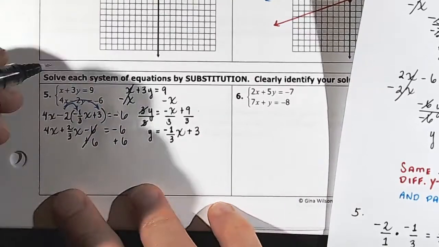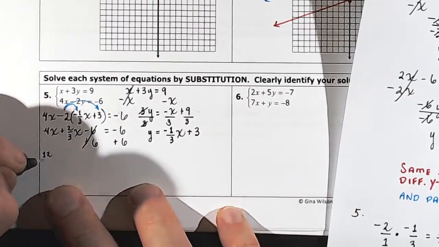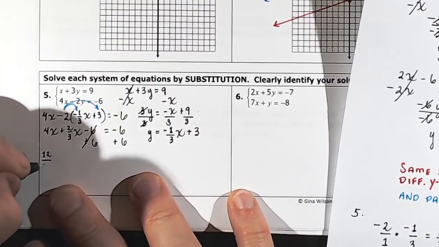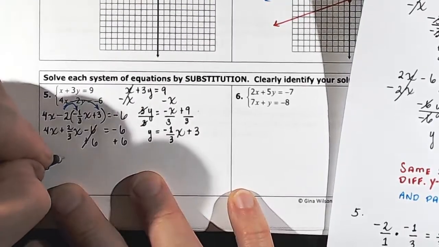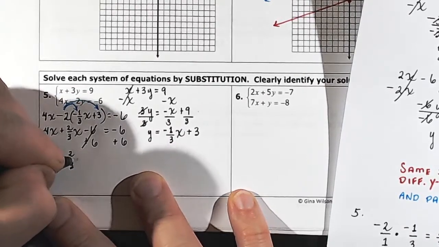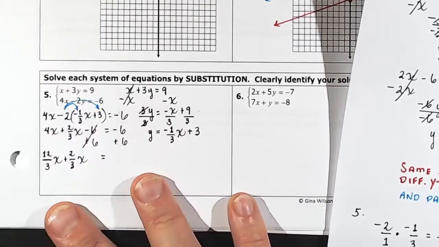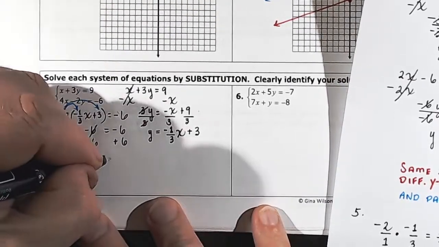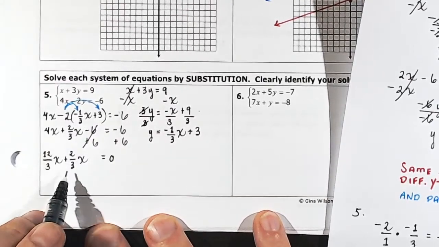So I can write here 12/3 x plus 2/3 x equals negative 6 plus 6 is 0. Okay? So what is 12/3 x plus 2/3 x?